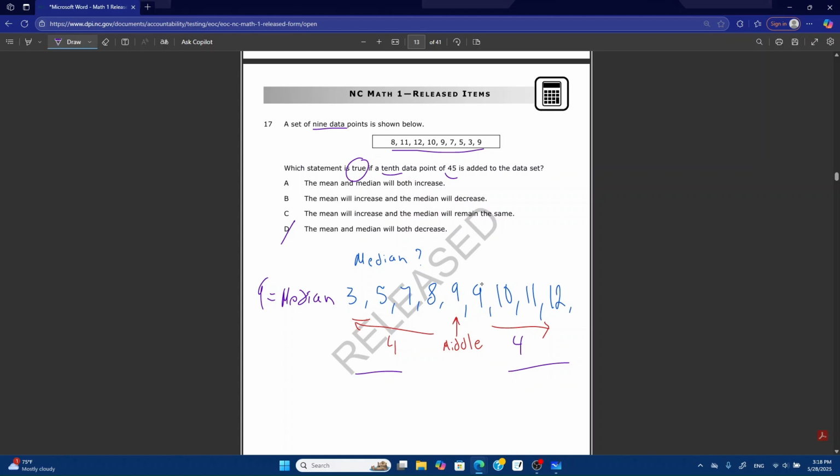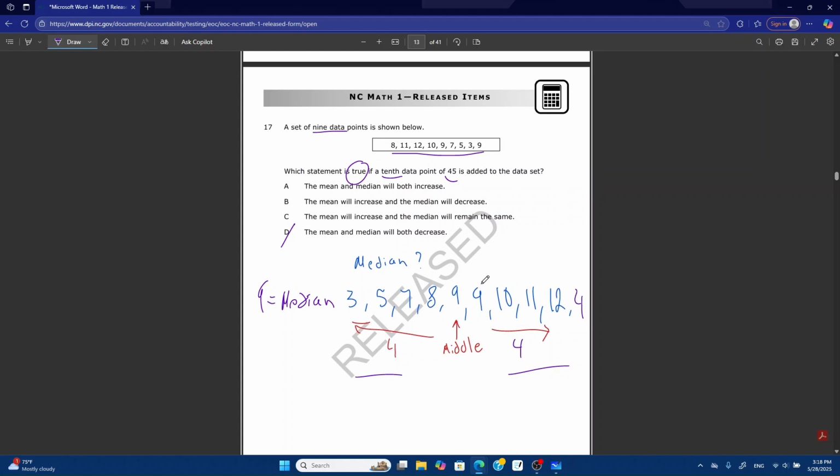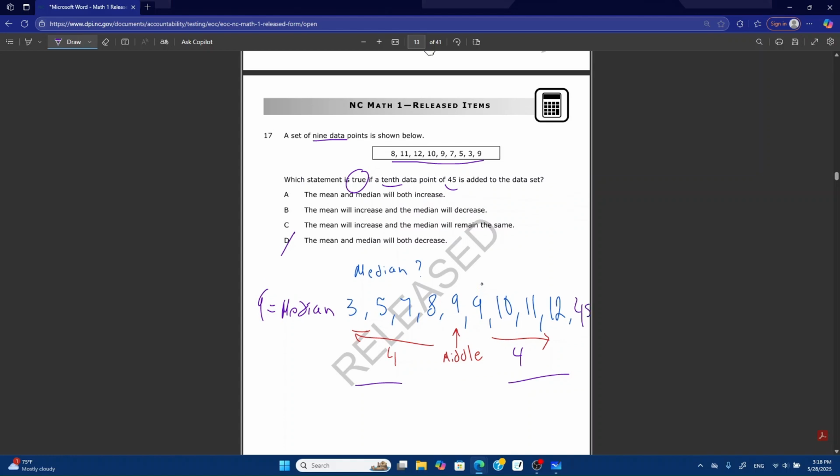But what is our new median when we add this 45 over here? So when we add that, there's no longer 4 numbers on the side, but there's actually 5. In this case, when there seems to be an even data set, like 10, 12, 14, 16, so on, there's a high possibility there might be actually 2 or more medians.